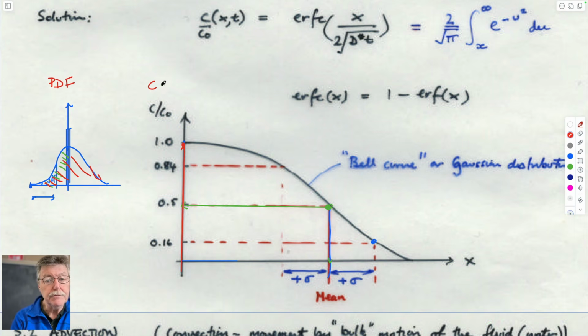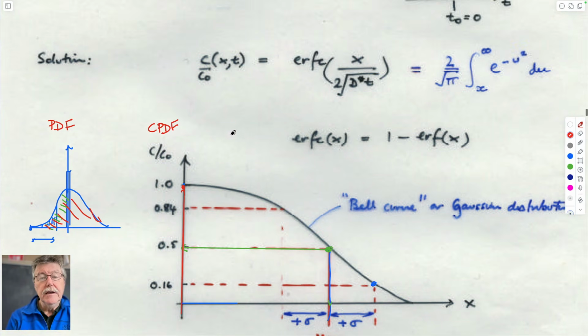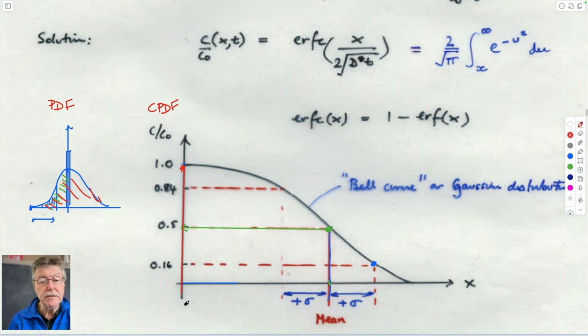This is the cumulative probability function. And it gives you a concentration which is equal to this. So this is the case where you hold this constant at 1, and you want to know at any particular distance x what the concentration is.